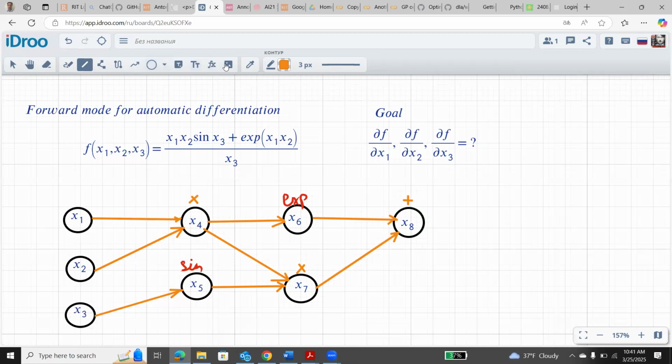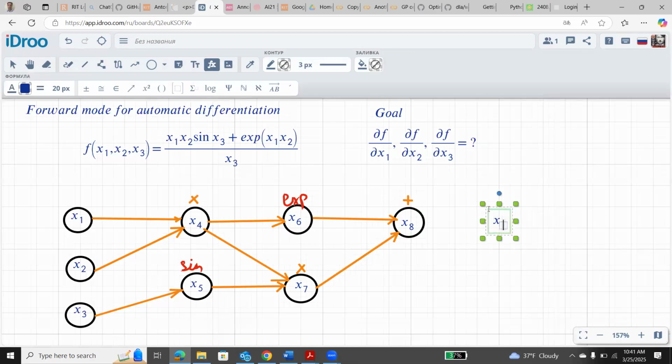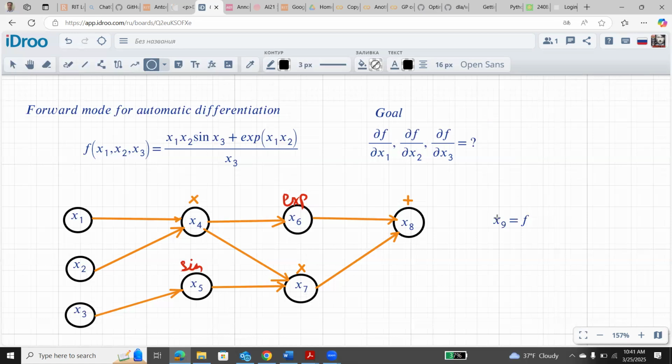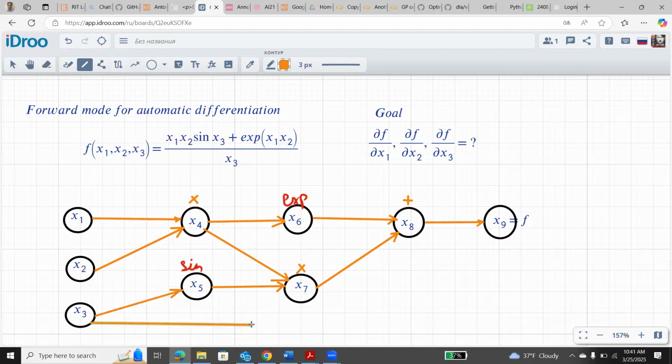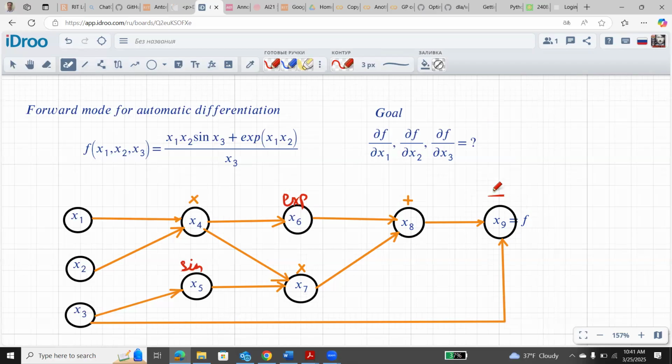And finally, we should divide x9, which is the same as f, is the division of x8 over x3. So this is called the computational graph.